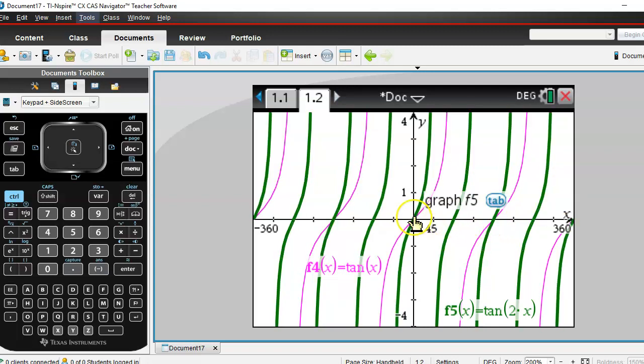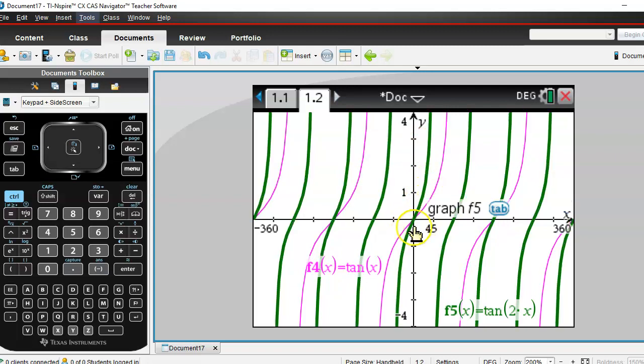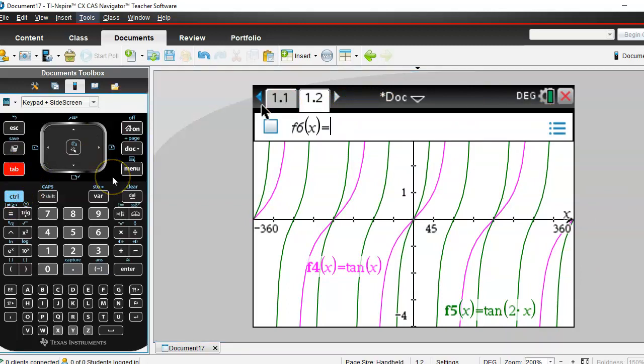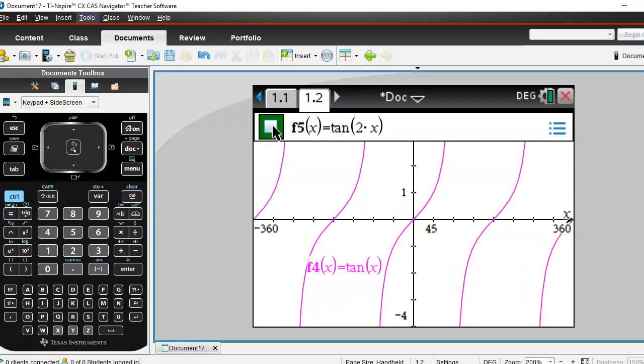Okay, x halved. So instead of one cycle happening every 180 degrees like it was with the original, one cycle happens every 90 degrees. Now get that off, that's very confusing. So tab, arrow up, and untick it. There we go.